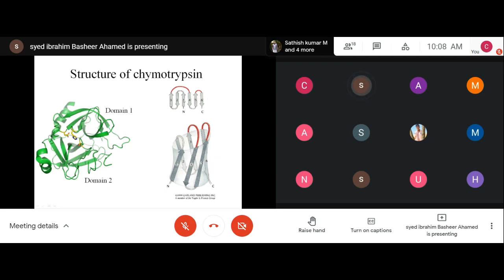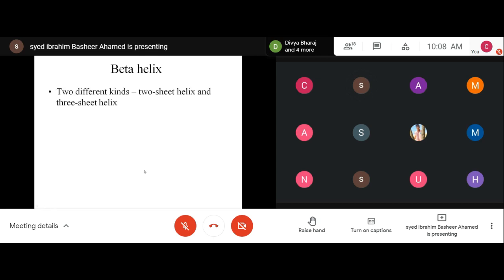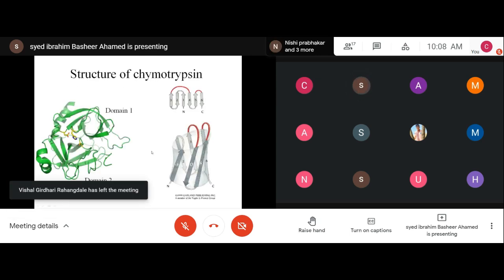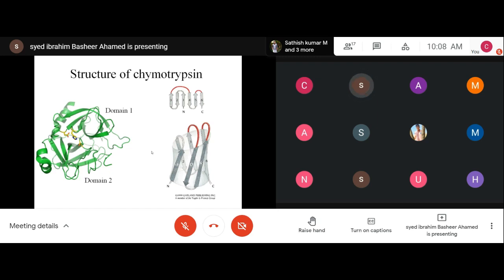These six strands are arranged in this fashion. So you can see the kind of barrel found in proteins like chymotrypsin and trypsin, which is generally a barrel made of only beta strands.